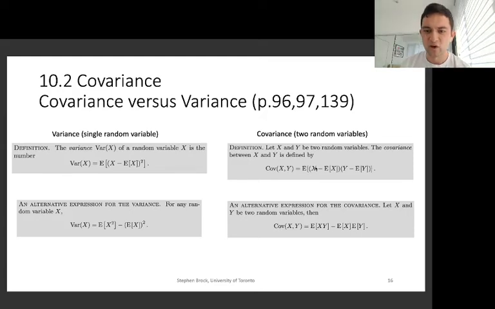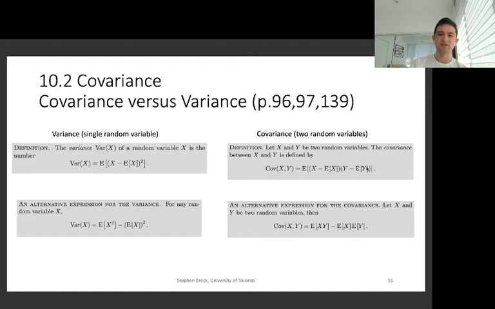So instead of using the same two-term expression squared, we have one of x and one of y. So they're very similar, right? We're looking at how the variables vary together. If they're positively correlated, then their variance is very similar. They both vary in a similar way.